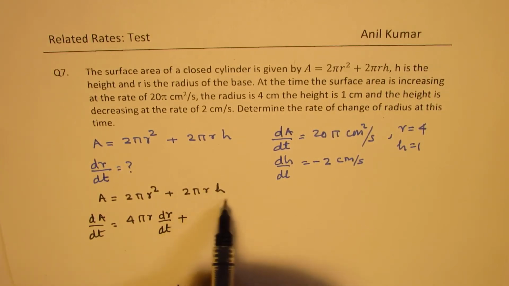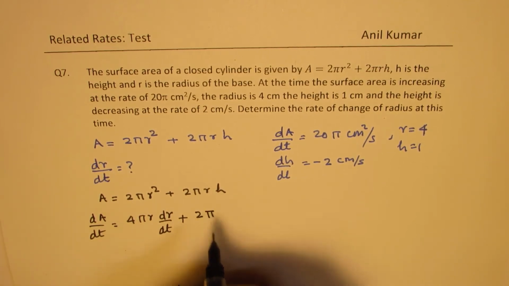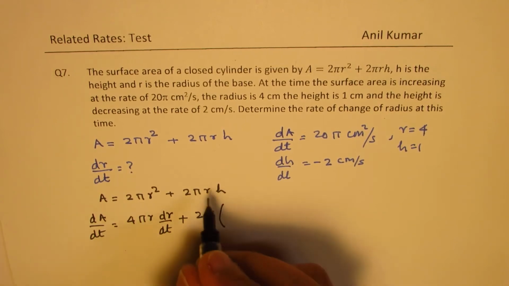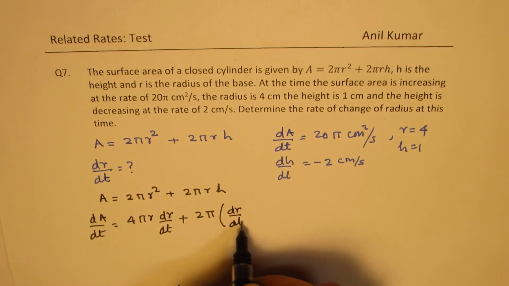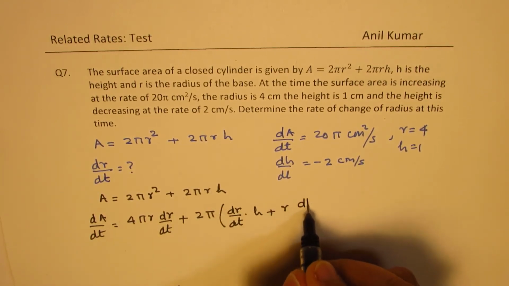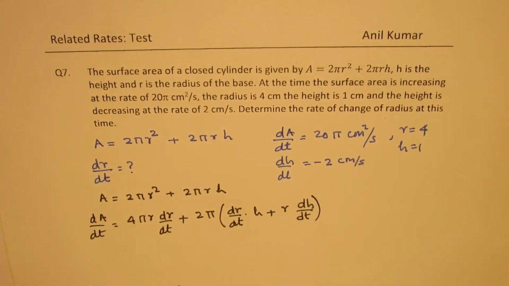So we'll have to use the product rule in this particular case. 2 pi is a constant, right? And r and h. So the derivative is dr/dt times h plus r times dh/dt. Is that clear to you? So that becomes the rate of change of area at a given time.